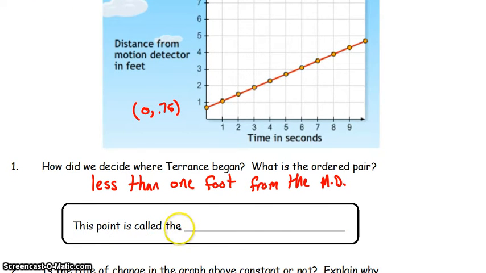That point right there, that starting point, the point where the line is on the y-axis, is called the y-intercept. That's an important term that we will be using quite a bit now and a lot next semester as well.